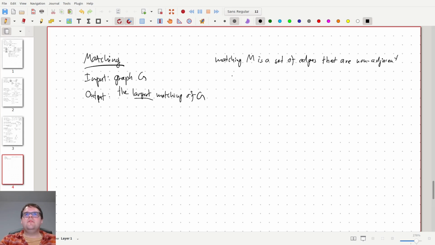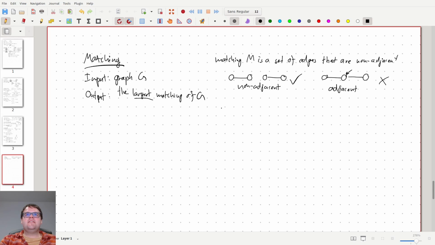For example, if you take these two edges, they're non-adjacent, so this is a matching. But these edges are adjacent because they share a node here. So this is not a matching, right?